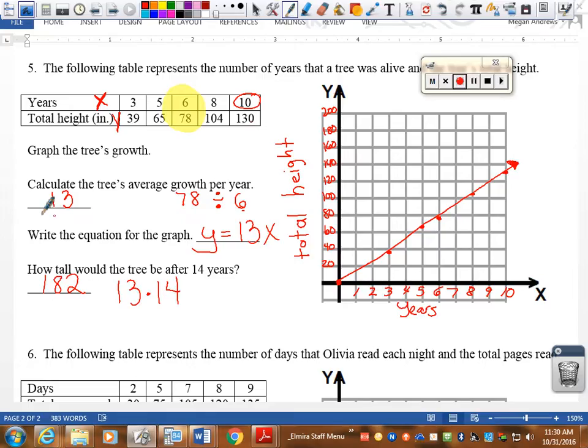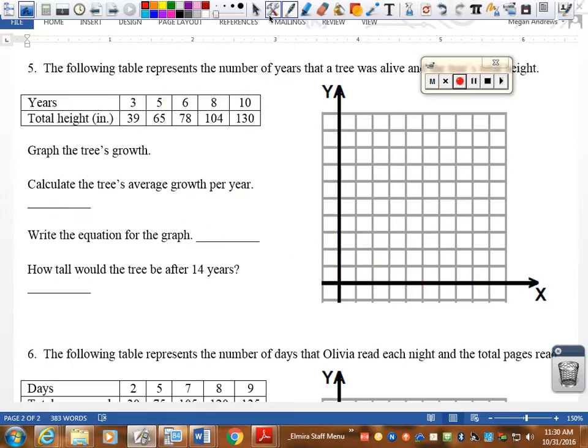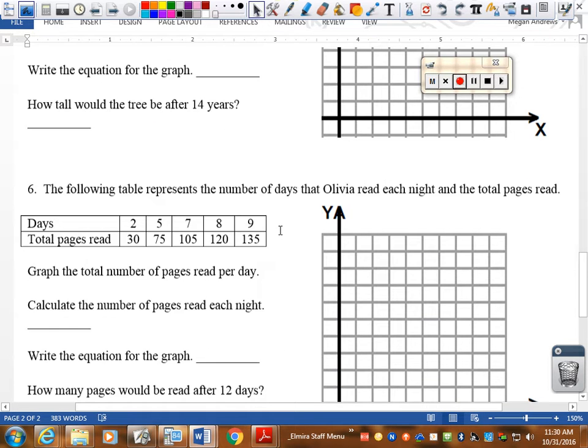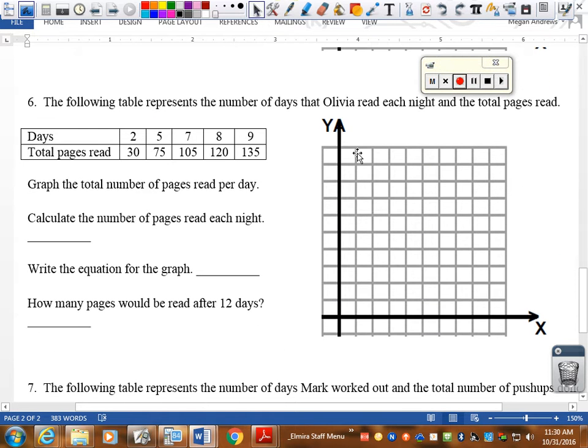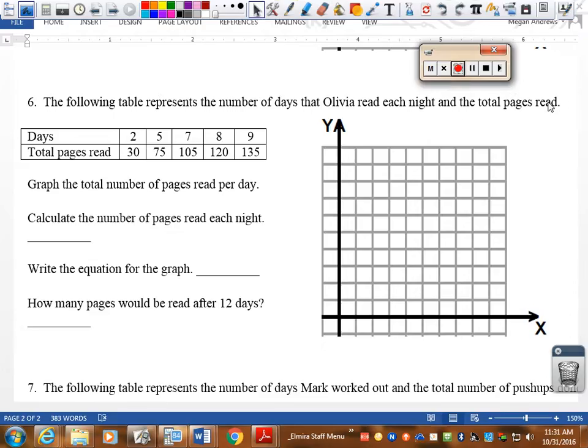I want to help you set up the next graph only, and you can do the rest yourself. But setting up the graph seems to be the hard part for people. Okay? Number 6. The following table represents the number of days that Olivia read each night and the total pages. Okay?